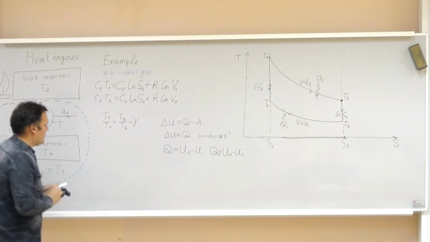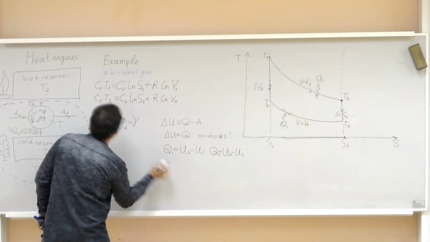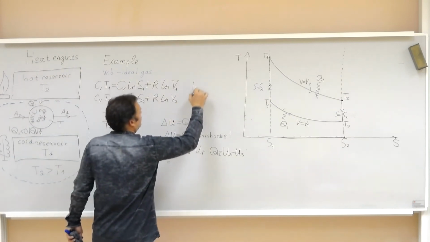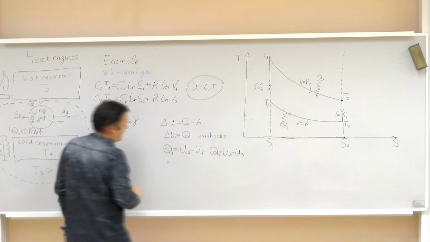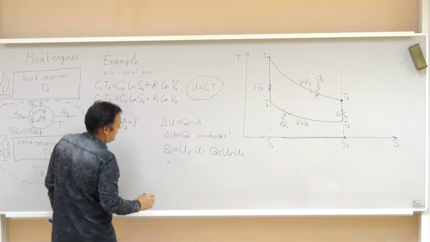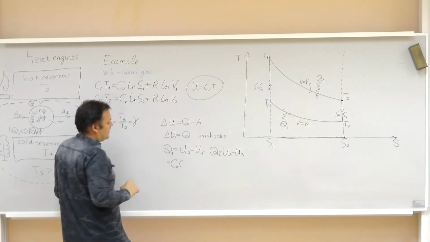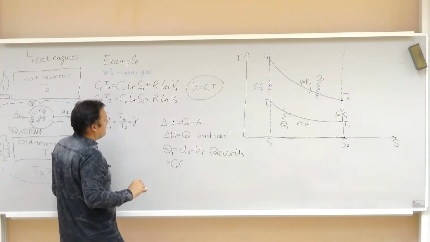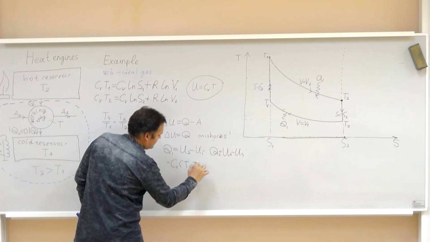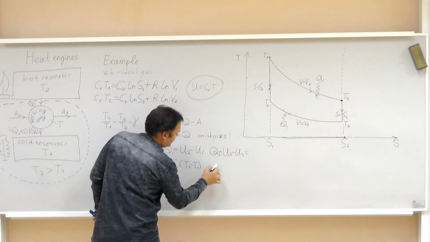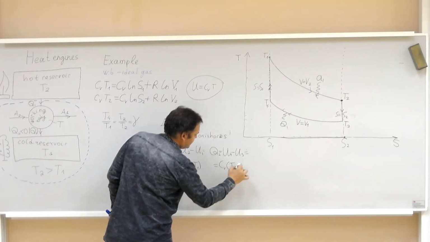Now, these quantities can be represented in terms of temperature, because U equals CV T. So I have here CV multiplied by T2 minus T1, and here I get CV multiplied by T4 minus T3.